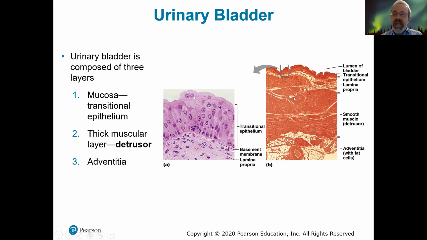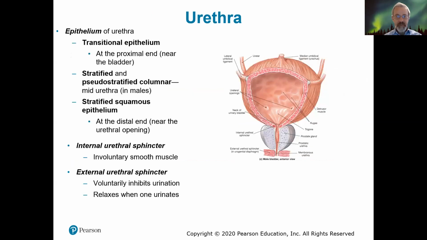The intervening layer is different. Even though the ureter has some muscle, it's nothing like this very thick detrusor muscle. The significance of that, if you think of structure and function, is that the bladder needs to stretch and then contract to expel the urine. So it's under a lot of pressure. So we need to have that thick muscle.